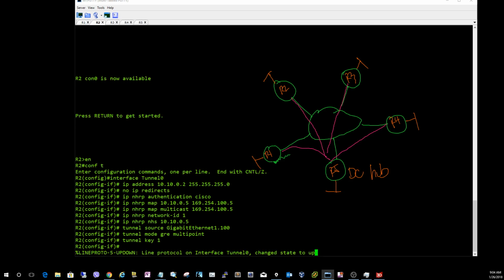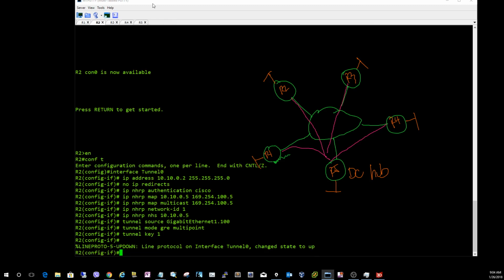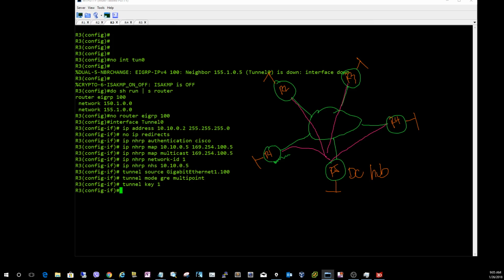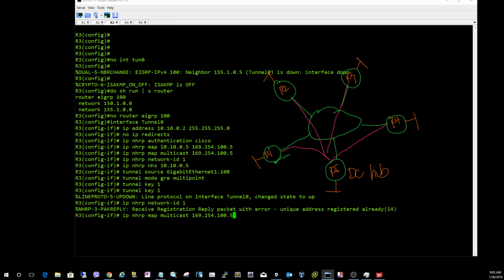That's it for router 2. Then I can do it here actually, but it's just gonna whinge at me in a bit. See, it's gonna whinge at you. Receiving registration reply error, unique address registry already exists, because somewhere in the network there is already a 10.10.0.2.